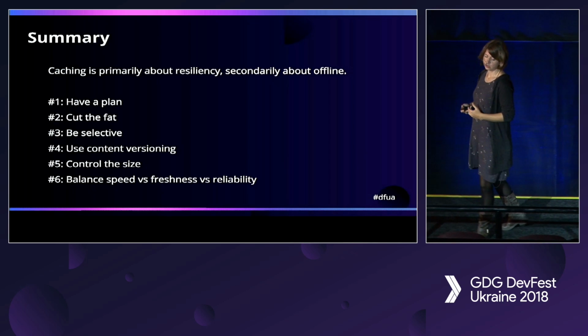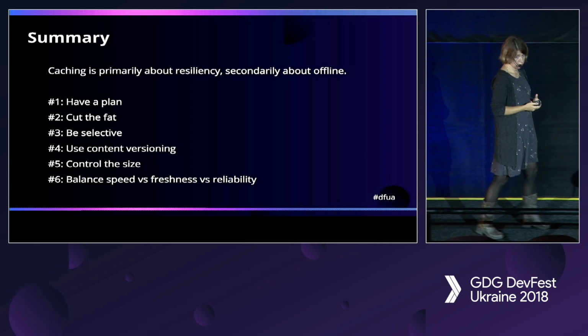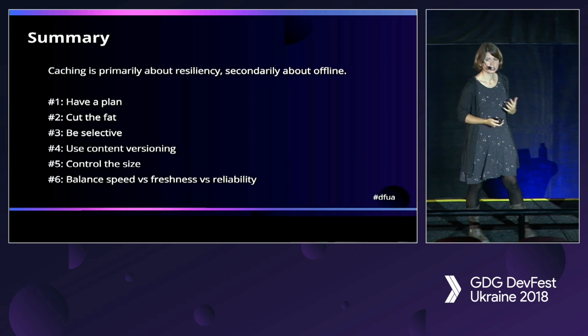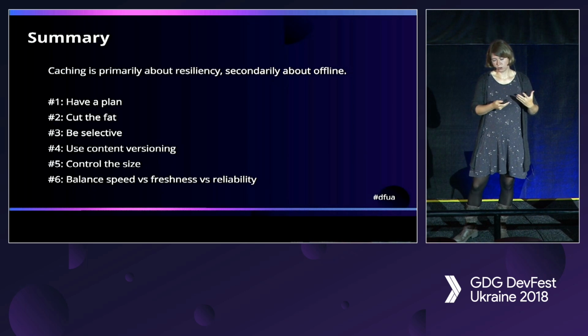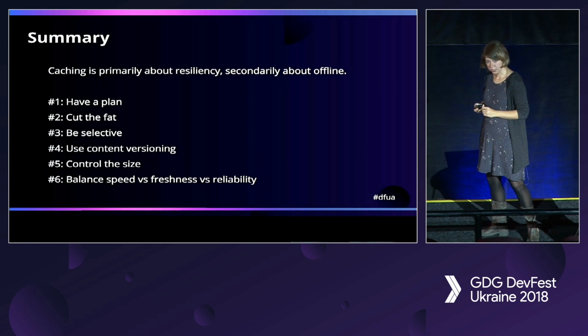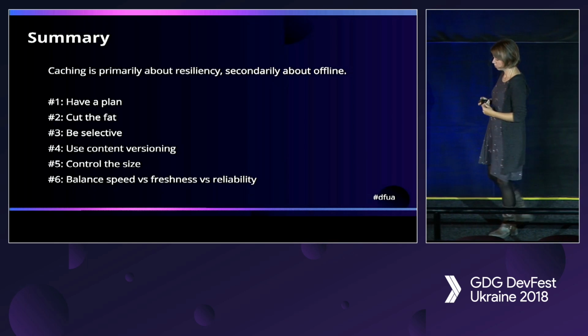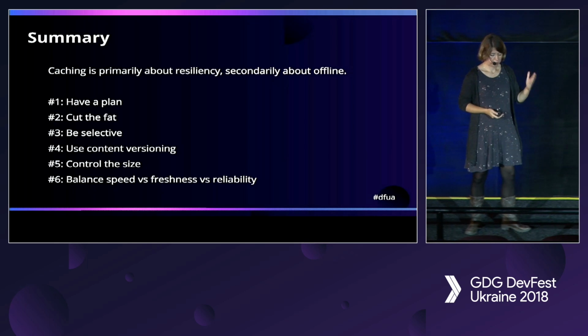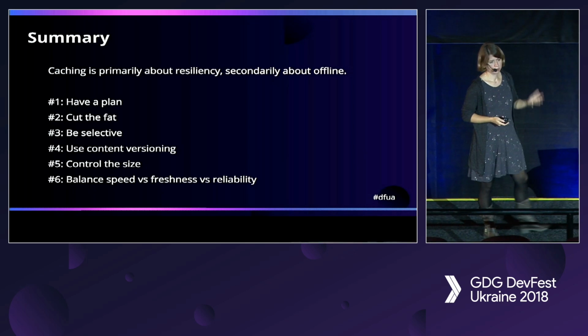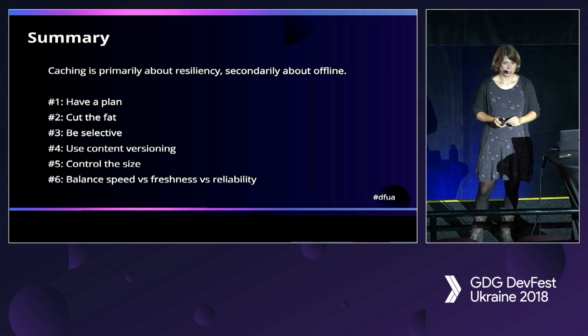Understand your content priorities and your content value. Use content versioning to not lock yourself in, or rather, don't lock your user in an old version of your app. Control the size of your app using developer tools or other tools available on the market. And balance the speed versus freshness versus reliability of your site.